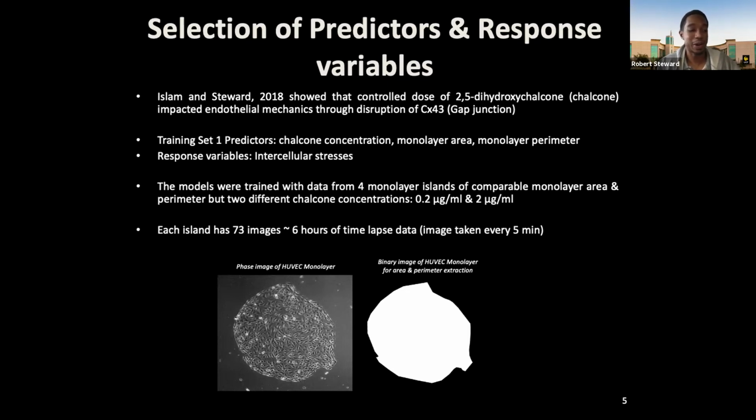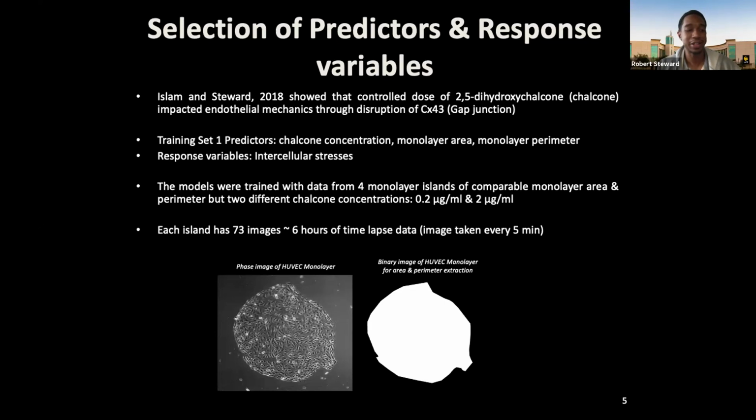You'll notice we did a time lapse for 6 hours, with images taken every 5 minutes. To generate our data set, we collapsed all the data together, meaning we essentially just averaged it. We built what's called a master table and fed that into our machine learning model here.